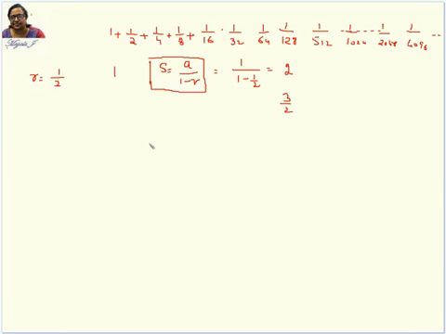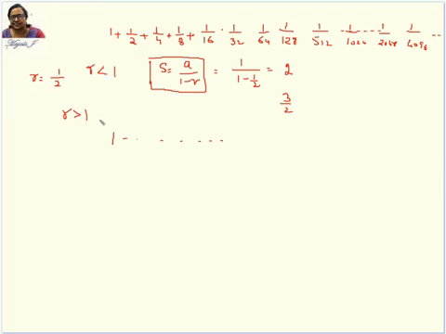I asked you one question, that is, if you have the ratio greater than 1 and if it is an infinite series, what will be the answer? Like here I have given you for less than 1. This formula is mainly for when r is less than 1.